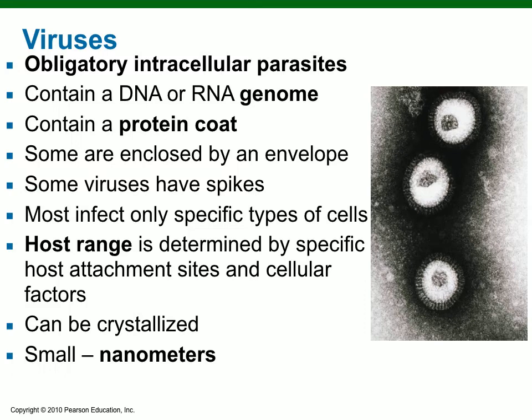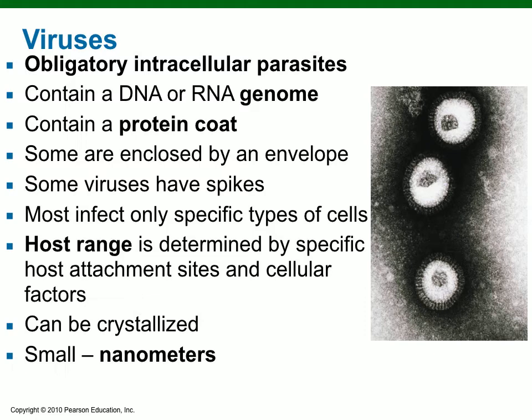They do have a genome like an organism, but unlike organisms, it could be DNA or RNA. They never contain both, and it can be in different forms than other organisms have. Other than that, they have a protein coat. That could be it. Some have a lipid envelope surrounding them that they get from the host cell.